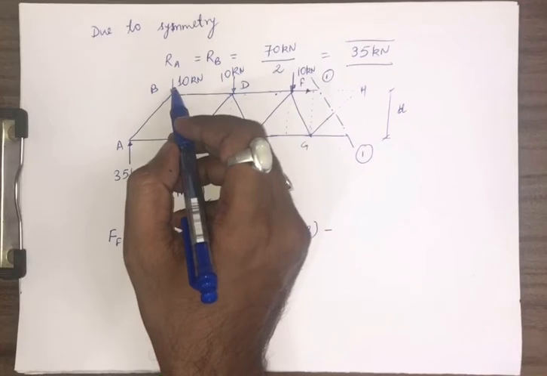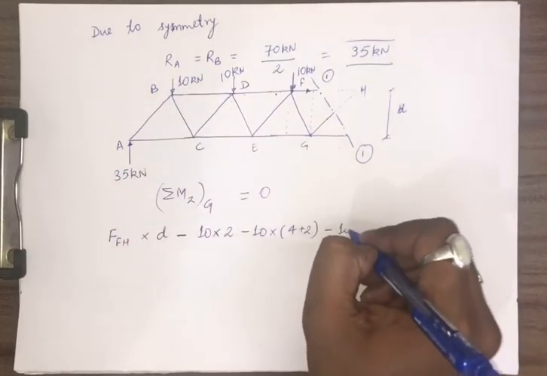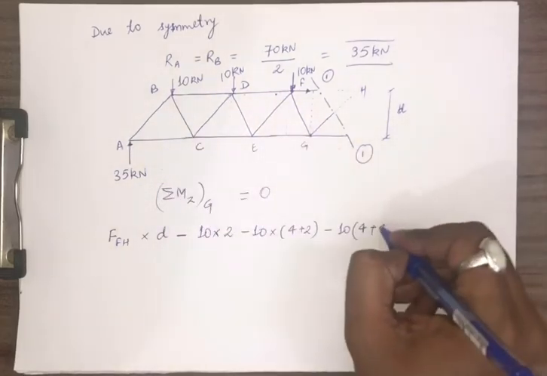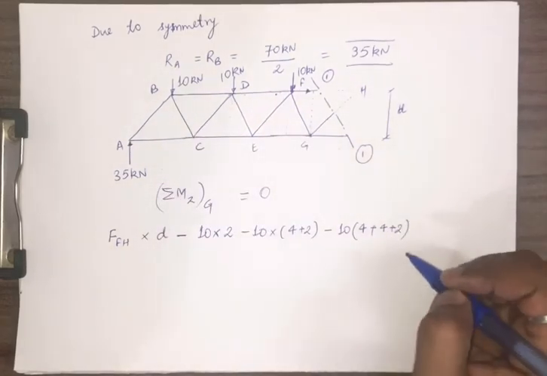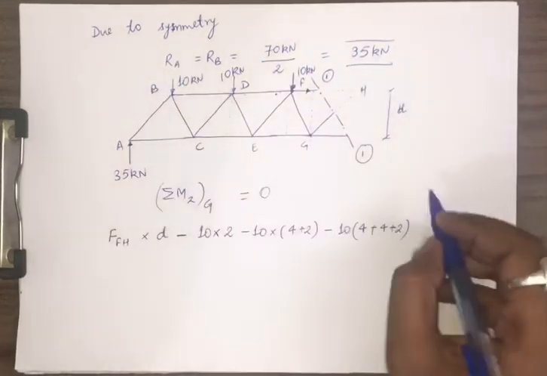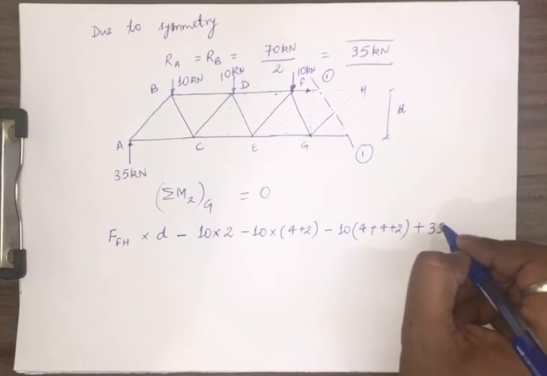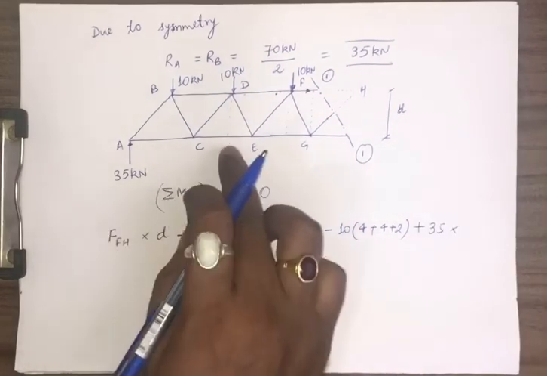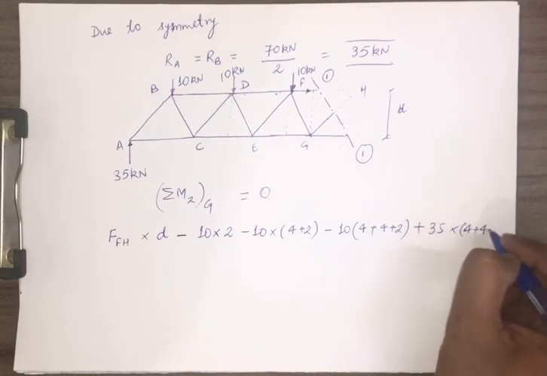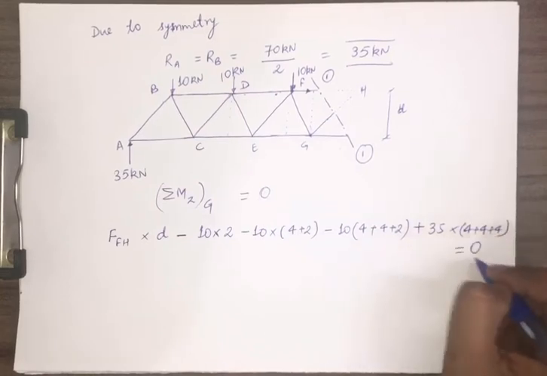Similarly, this 10 will be 4 plus 4 plus 2. So these are giving anti-clockwise and this is giving clockwise. So 35 into 4 plus 4 plus 4 is equal to 0.